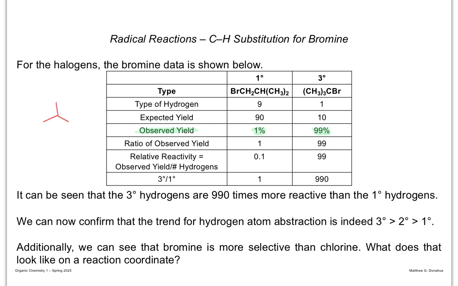And when you run through all that same sort of qualitative math, look how big this number is now. It's 990. So really between chlorine and bromine, bromine is the better reagent to use because it's going to be more selective. As it's more selective, it's pushing you towards a major product and you don't have a lot of byproducts involved.